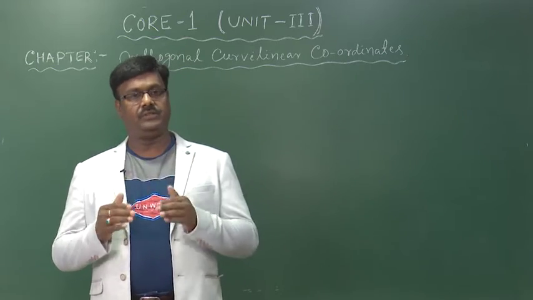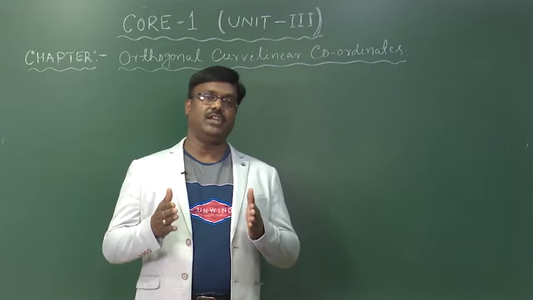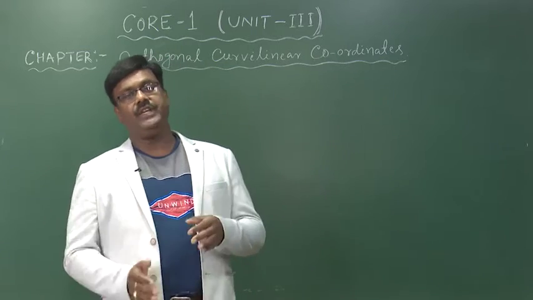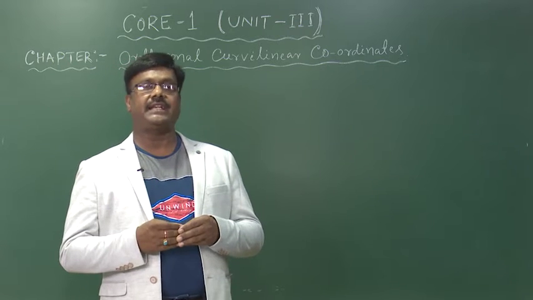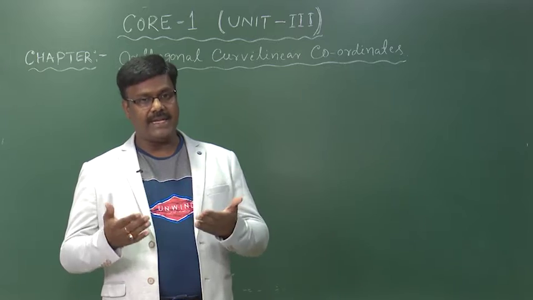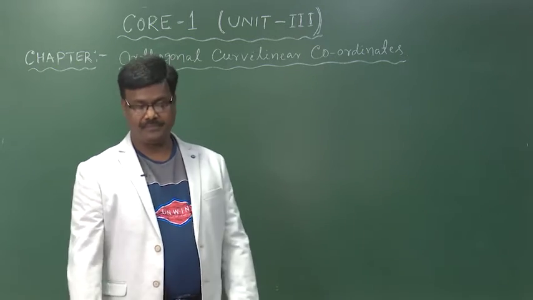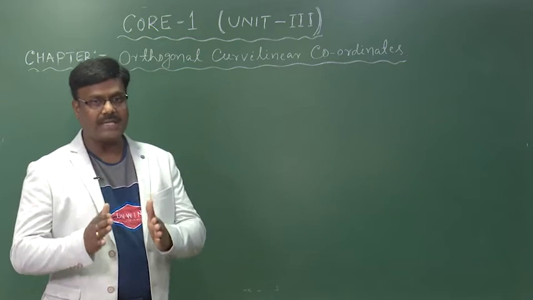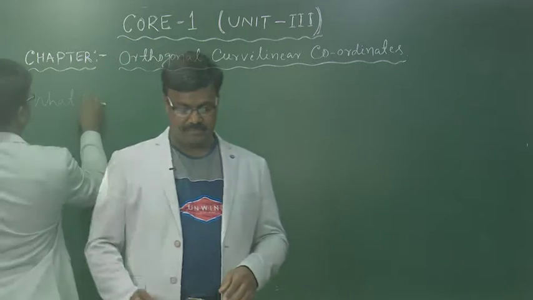Then we will switch over to orthogonal curvilinear coordinates, in which we can also express velocity, acceleration, and the expressions for gradient, divergence, curl and Laplacian. So let us first begin with the coordinate system.